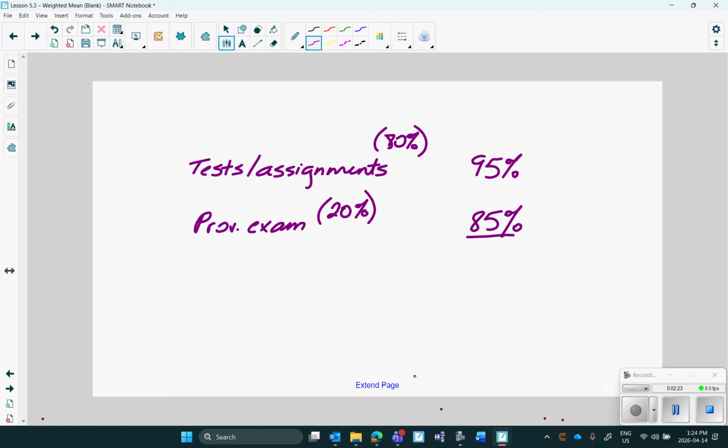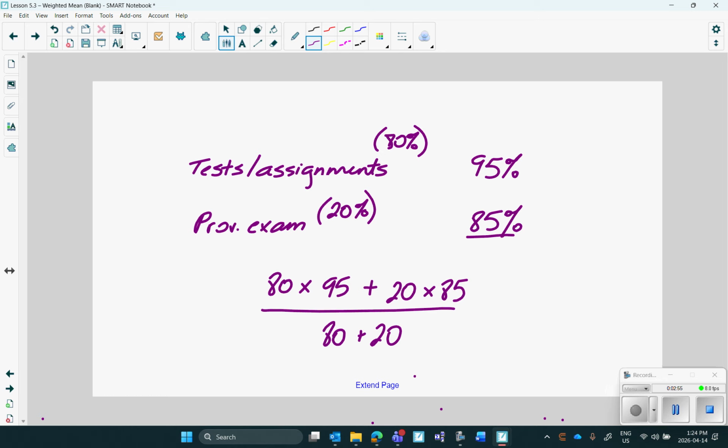So how you do it is you take how much the tests are worth times your mark. Then you add how much the exam is worth times your mark, divided by the weight of the tests, assignments and the exam.